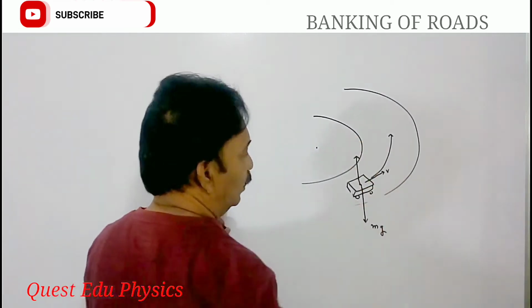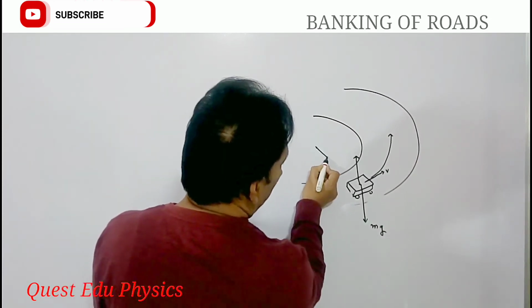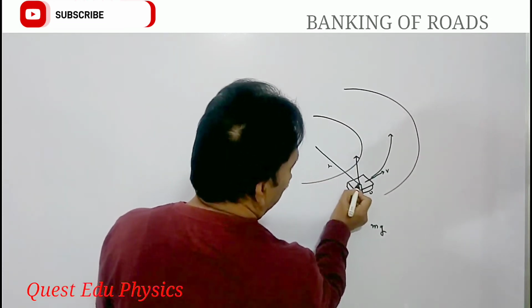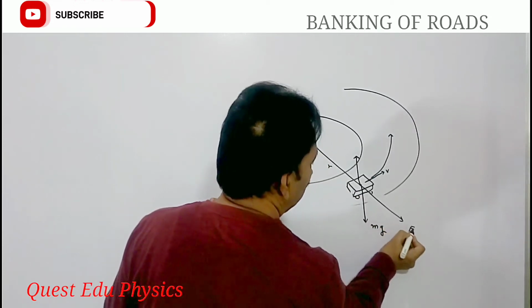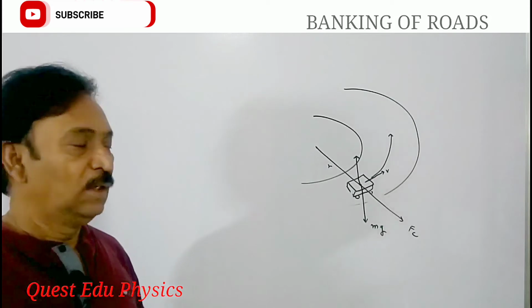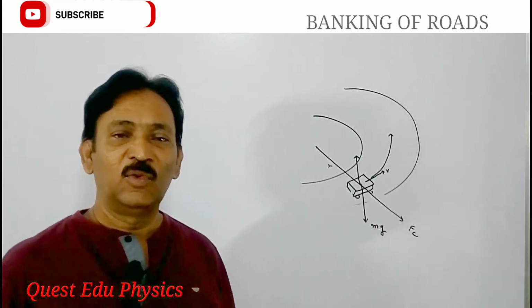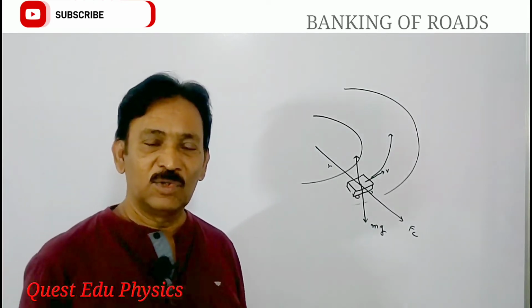Whenever a body is taking a turn, it experiences a force. Let's say it is the radius. It is the direction of the centripetal force.